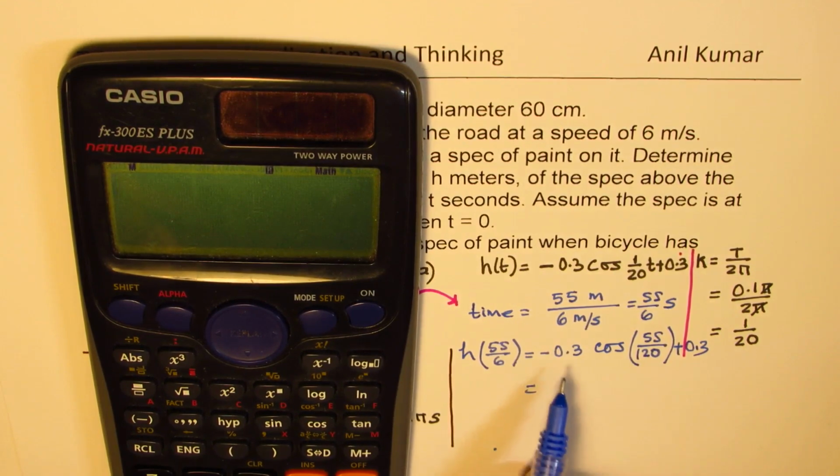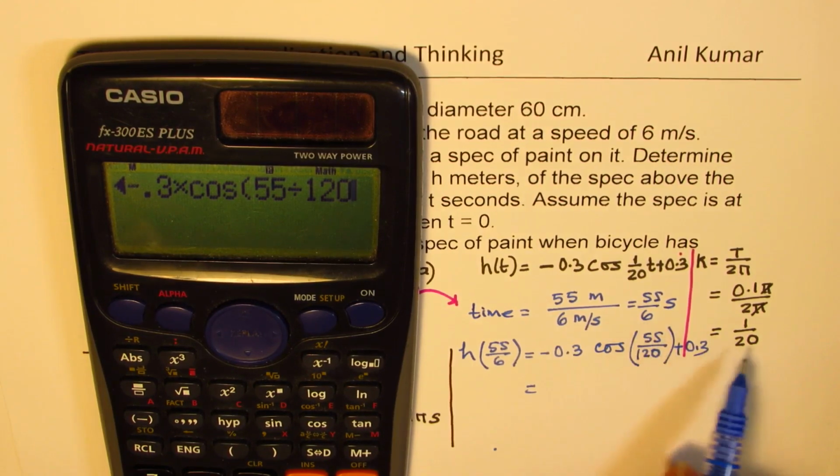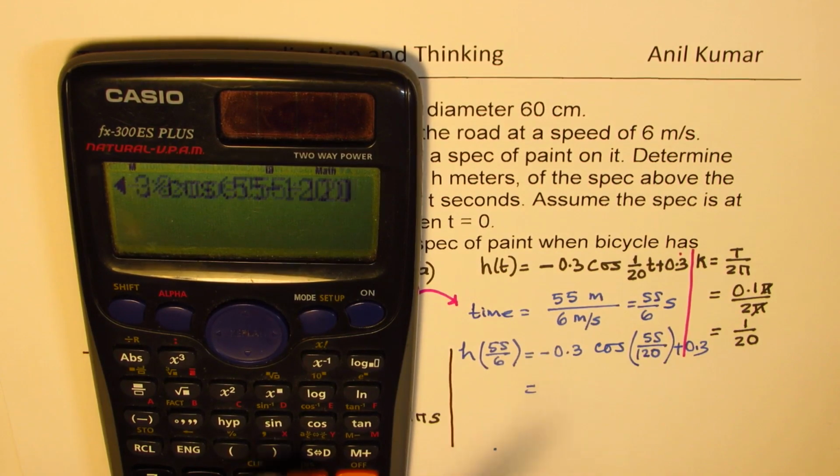So now we have 0.3. I'm writing this first. 0.3 minus 0.3 times cos of, within brackets, 55 divided by 120, which we got by multiplying 6 by 20, right? 120, bracket close. So that is what we have, equals to.